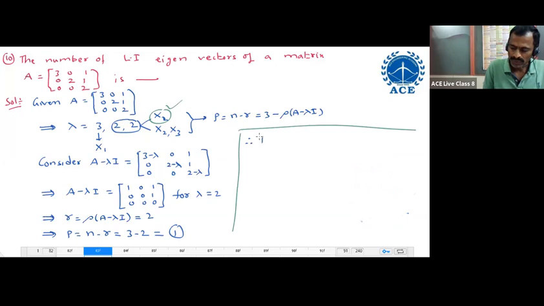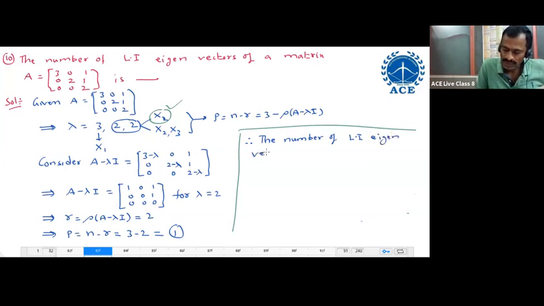Therefore, the number of linearly independent eigenvectors of the given matrix A, 3 by 3, is 1 plus 1 equal to 2.